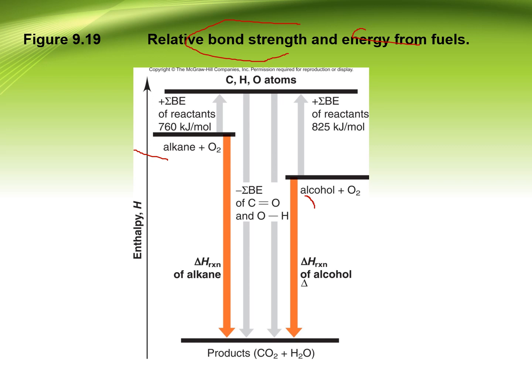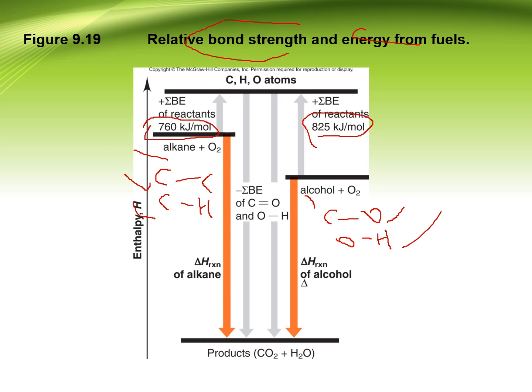For example, alkane has C-C and C-H bonds, so the energy required to break the bonds is 7,600 kilojoules per mole. While alcohol has C-O and O-H bonds, and 8,625 kilojoules per mole of energy is needed to break these bonds.